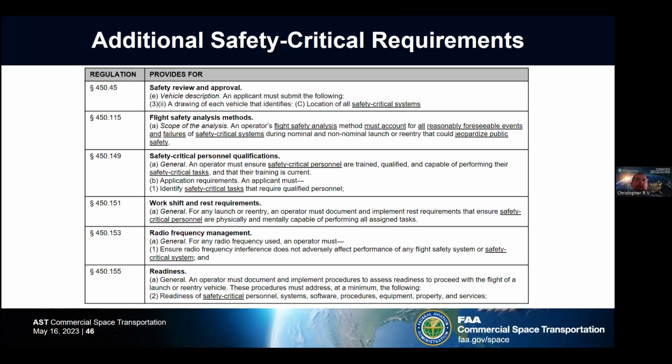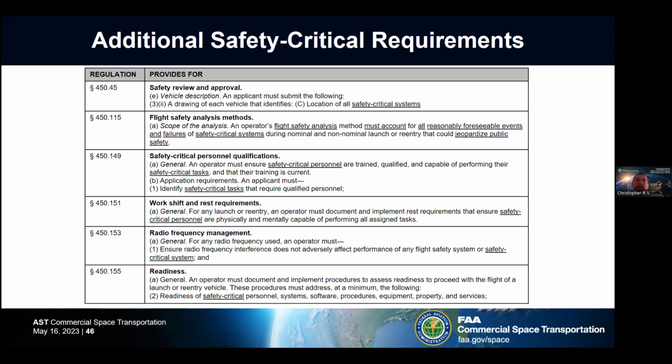450.151, work shift and rest requirements. An operator must document and implement rest requirements to ensure safety critical personnel are physically and mentally capable of performing their safety critical tasks. 450.153 on radio frequency discusses how an operator must ensure that radio frequency interference does not adversely affect performance of any flight safety system and/or safety critical system. 450.155, readiness.